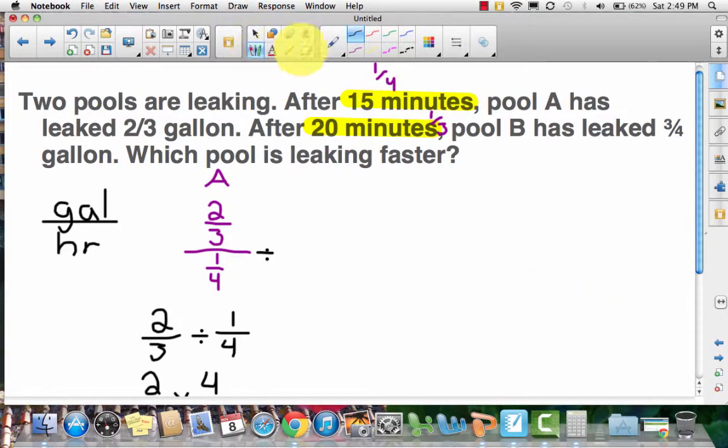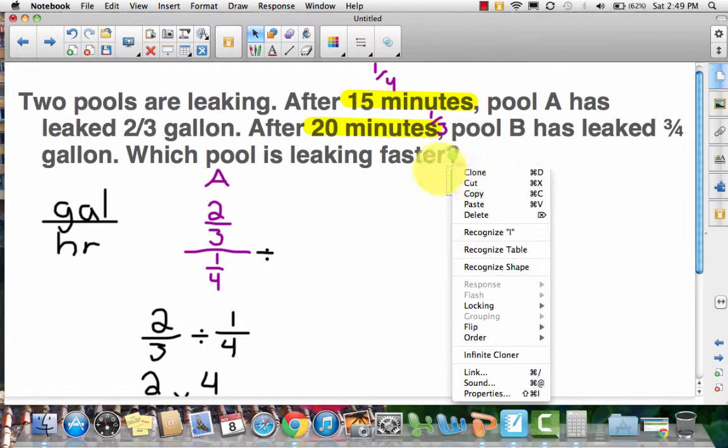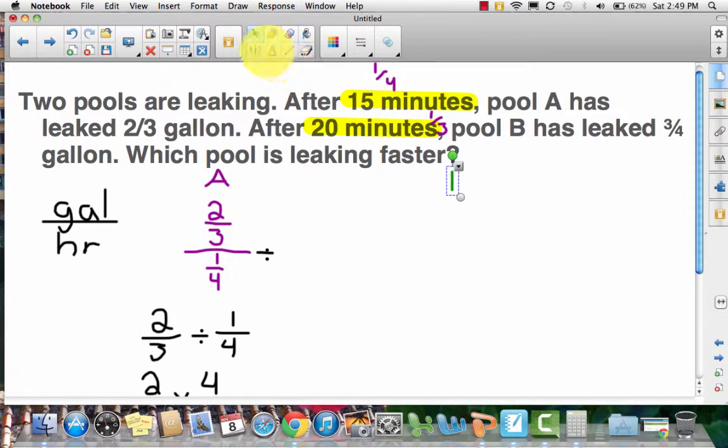And we're going to set up another unit rate, this time for pool B. So I'm going to follow that same setup, gallons over hour. And pool B leaks for 1/3 of an hour. It leaks 3/4 of a gallon of water.